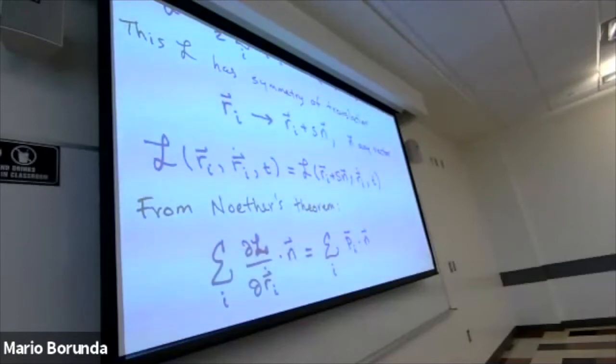There's no special point in space for particles. They wouldn't just be here because they are attracted or repelled or anything. There's nothing special about space. So this is a continuous symmetry, because it works for any n vector.